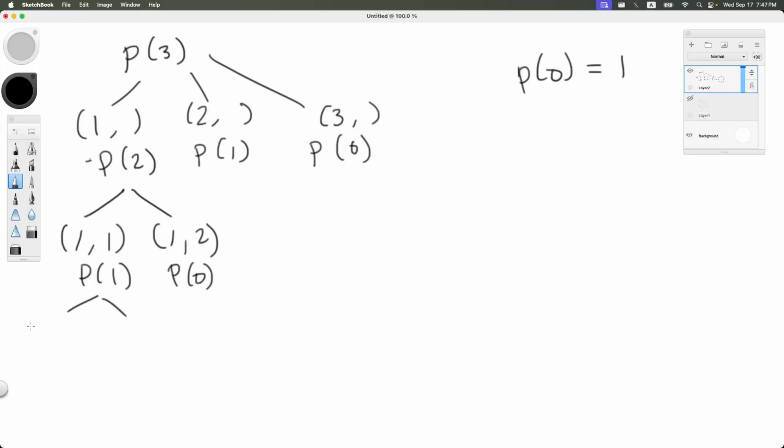Let's continue. P1, we only have one choice, excuse me. This is P0. So this evaluates to 1 also. Okay, but how about this? 2, 1, we only have one choice here. That's this partition.